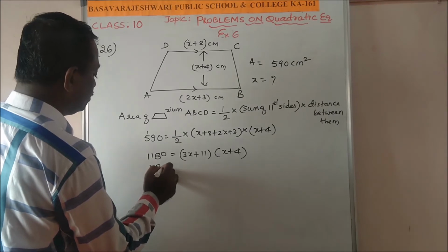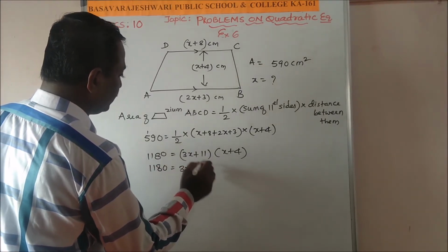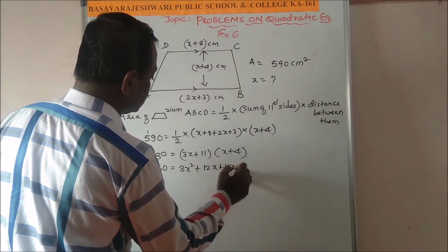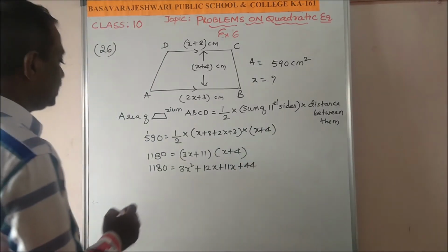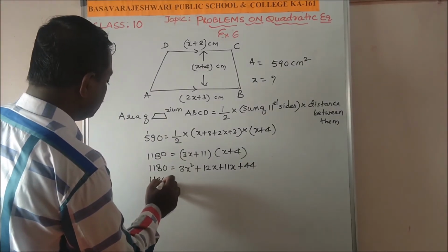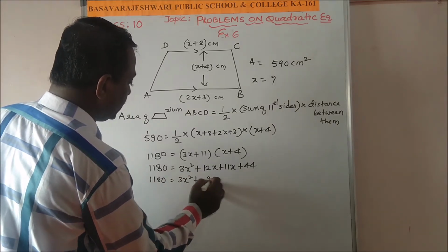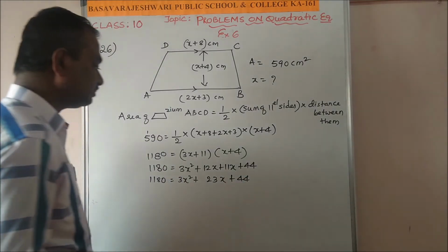1180 is equal to 3x into x, 3x square, plus 3x into 4, 12x, 11 into x, 11x, 11 4s are 44. That is 1180 is equal to 3x square plus 23x plus 44.